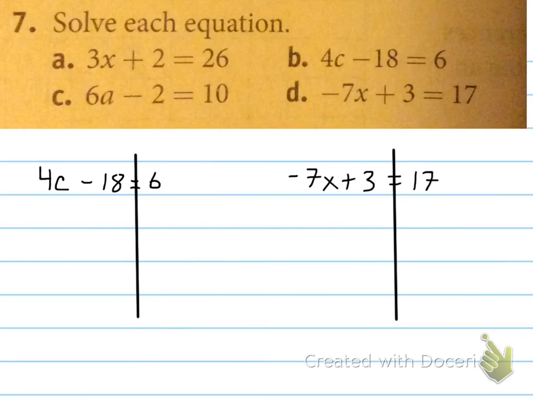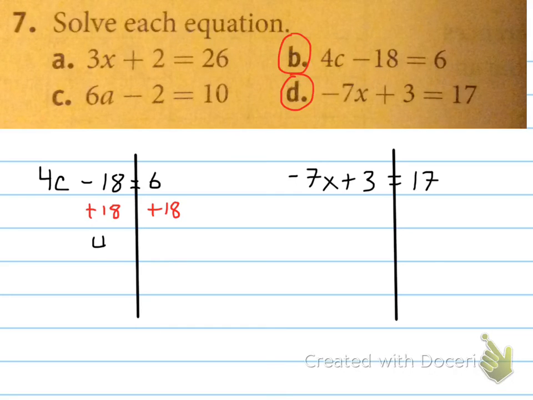Alright, I'll solve 2 of these for you. So I'll solve B and D, which are 2 of the harder ones. A and C I'll leave up to you. So my first step for B, we have a minus 18, so we plus 18 on both sides of that equation. So what am I left with?